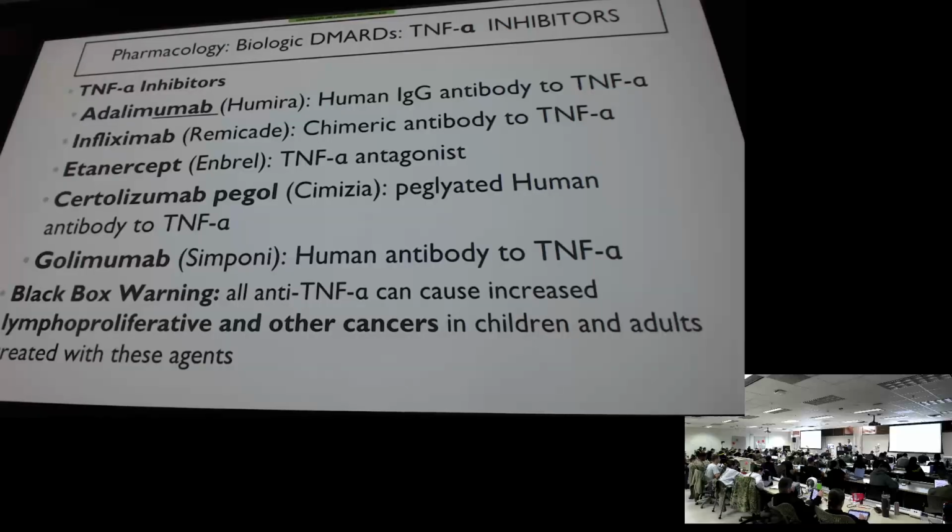Did I make sense with what I just said? Okay. All right. So all TNF-alphas cause increased lymphoproliferative changes and other cancers. So they can affect the bone marrow and other cancers in both kiddos and adults. So that's the black box warning for all of the biologics that are in the TNF-alpha class.